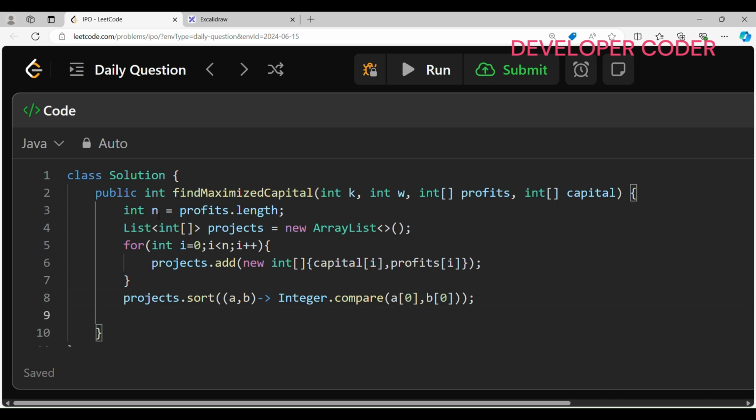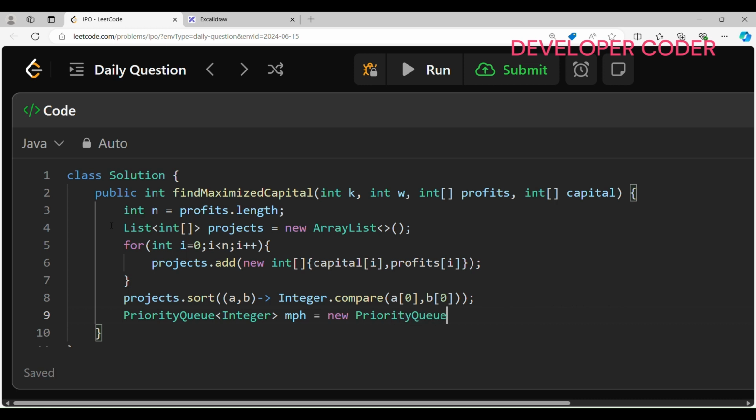Then after that we have to use a priority queue. So let's create that priority queue of Integer, max profit heap. Let's name it mph, max profit heap, is equal to new priority queue.